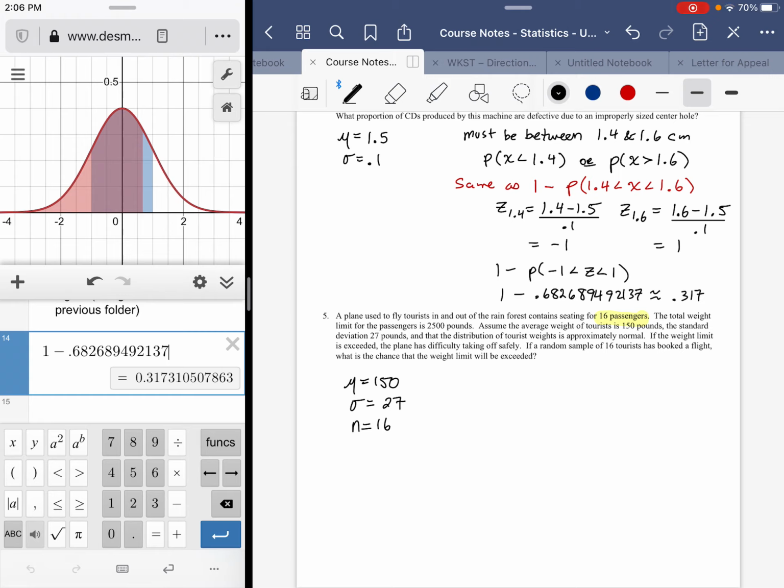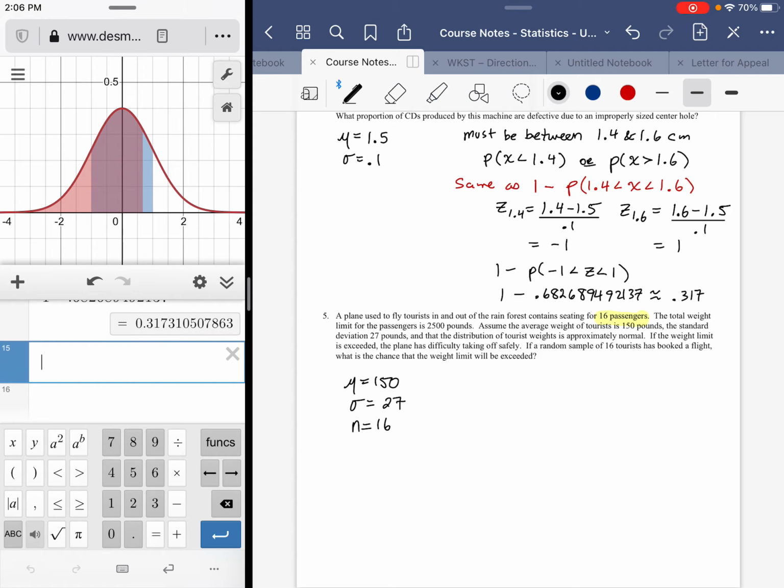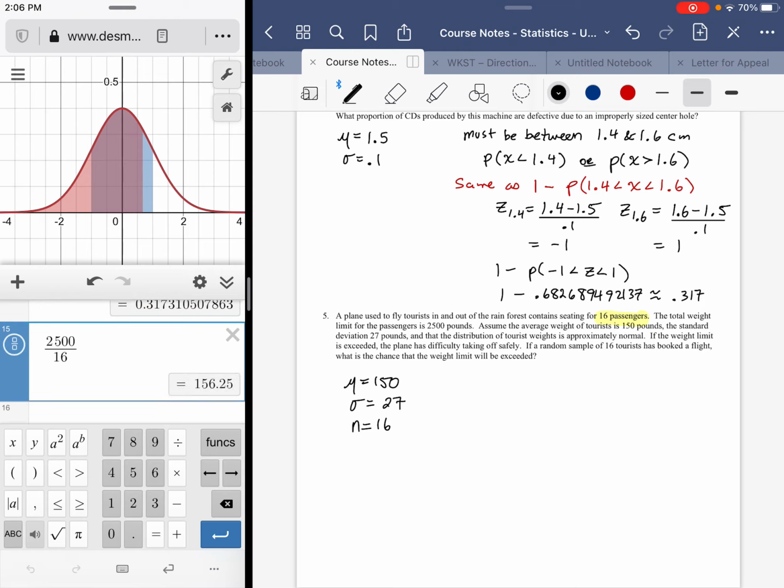All right. There are a couple of ways we could do this. There is a way that we can do it using a normal distribution, but if we wanted to use the central limit theorem, a way of handling this would be to ask what the maximum per passenger weight would be. For that, it would be just a quick 2,500 divided by 16.